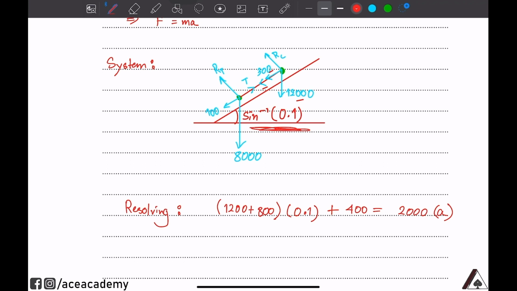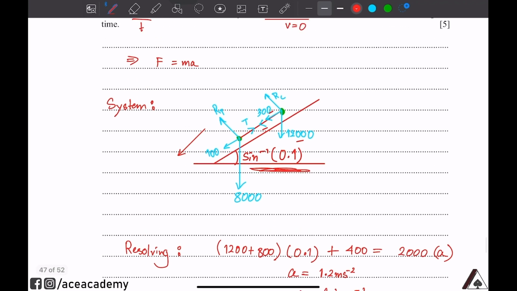And so from here, we have acceleration is equal to 1.2 meters per second squared. But remember, the acceleration happens in the downward direction. Since the initial velocity of 30 meters per second was in the upward direction, that means the acceleration must have a negative sign.